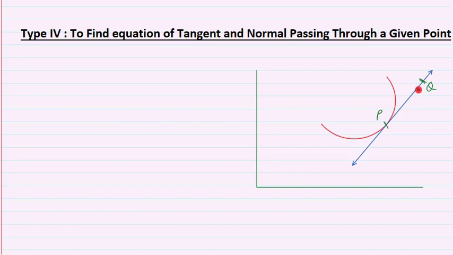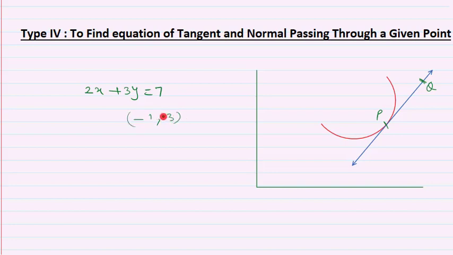Now, as one more passing point Q of the tangent is given, we know very well that suppose one equation is given to you as 2x plus 3y is equal to 7 of any line, and it is given that this line passes through a point, let me take the example (-1, 3).